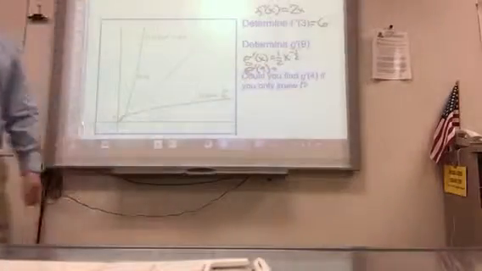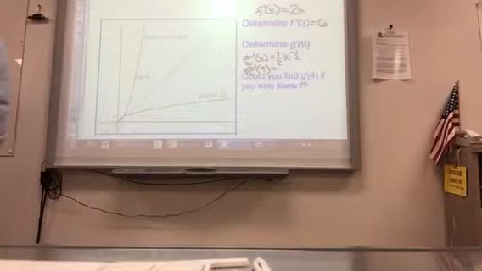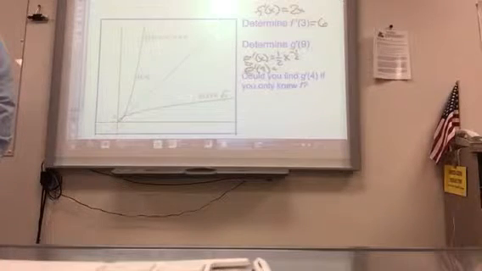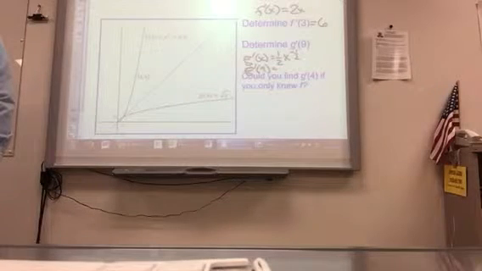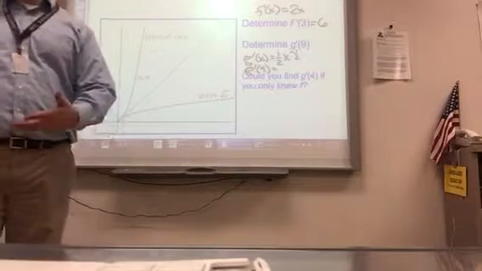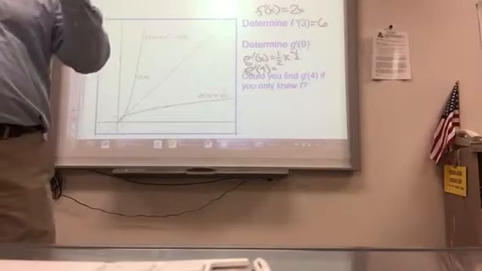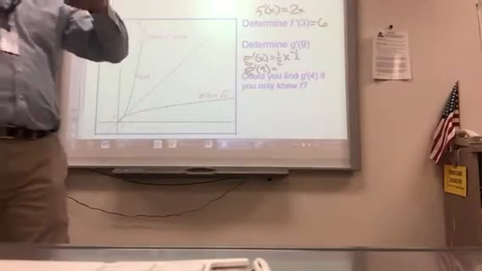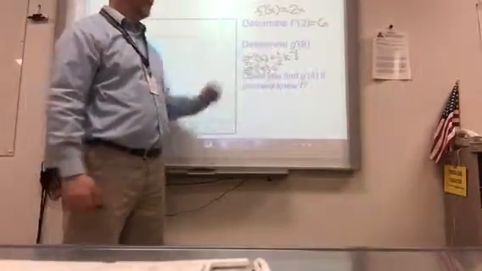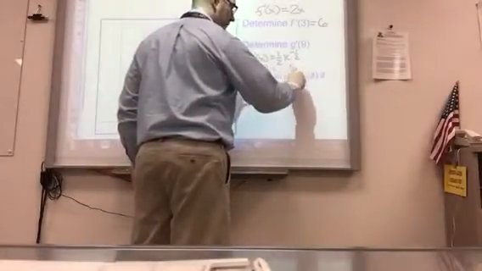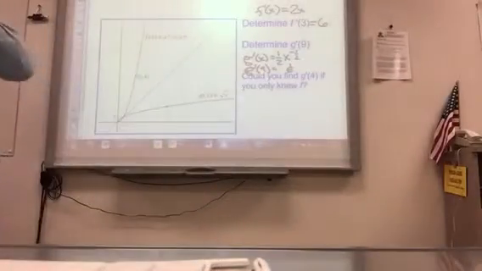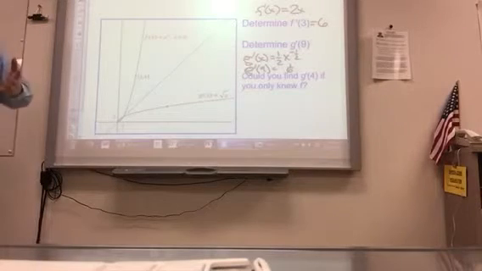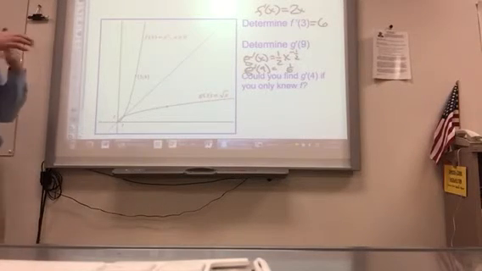You are expected to know what 9 to the negative 1/2 is without a calculator. What's 9 to the negative 1/2? 1/3, right? Because 1/2 means take the square root. Square root of 9 is 3. What does the negative tell you to do? Flip it. So you get 1/3. 1/3 times 1/2 is 1/6. Now, if we back up here for a second, that was just doing the algebra.